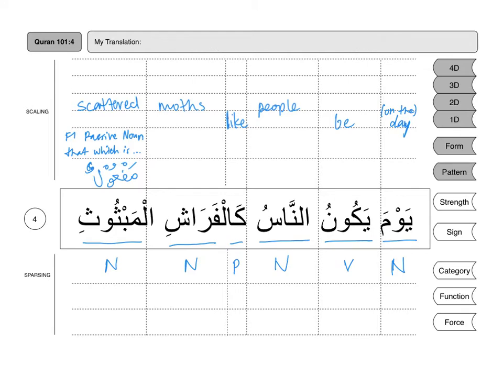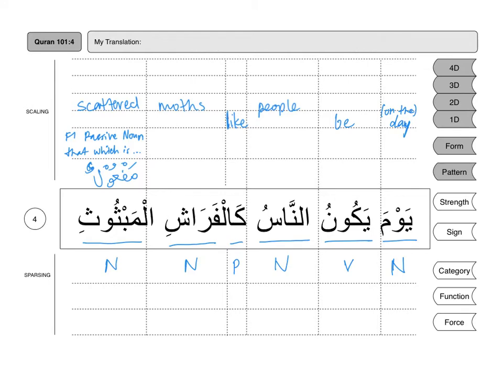So now usually kana yakunu will be an incomplete verb in the sense that it doesn't have a subject or verb. It comes right before a nominal structure, which means what comes after kana is subject of nominal and predicate of nominal. But in this case, we will treat it as a complete verb to make it easy, because there isn't any nominal structure after it.